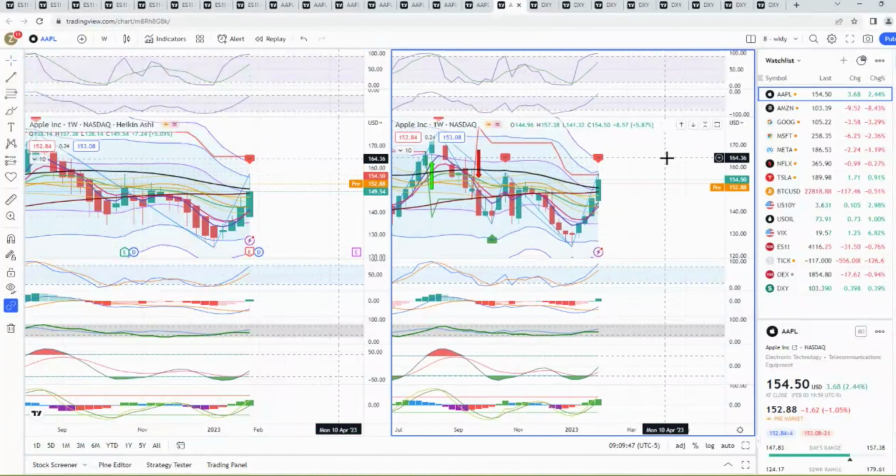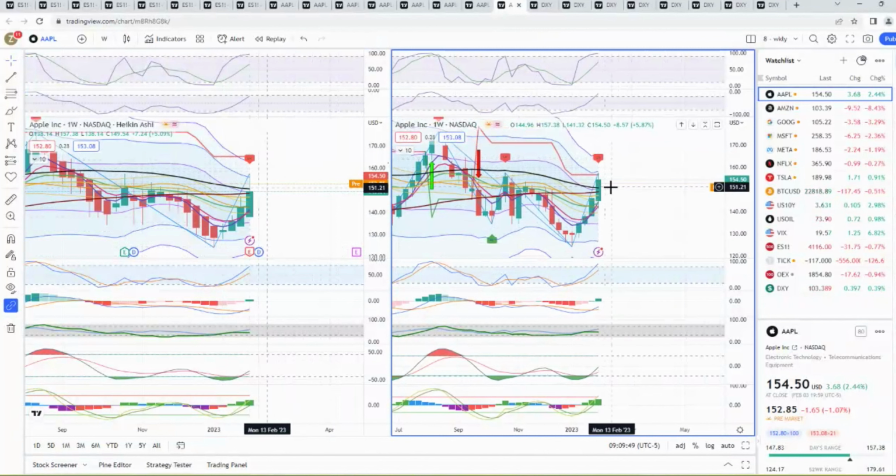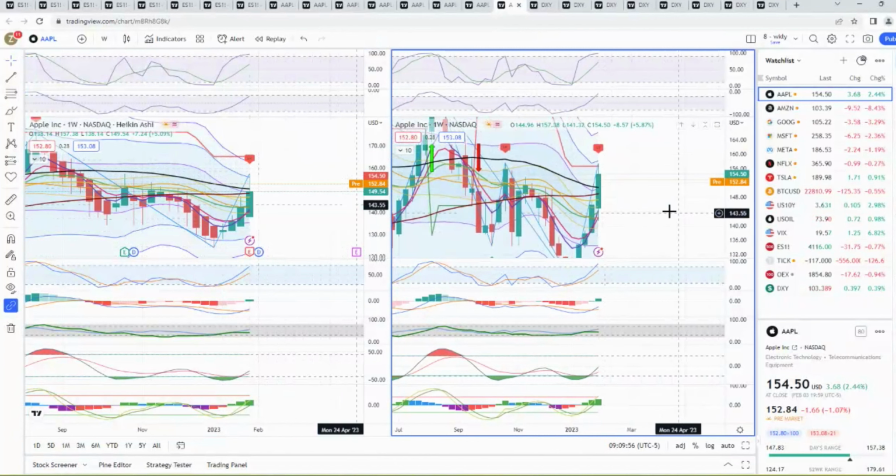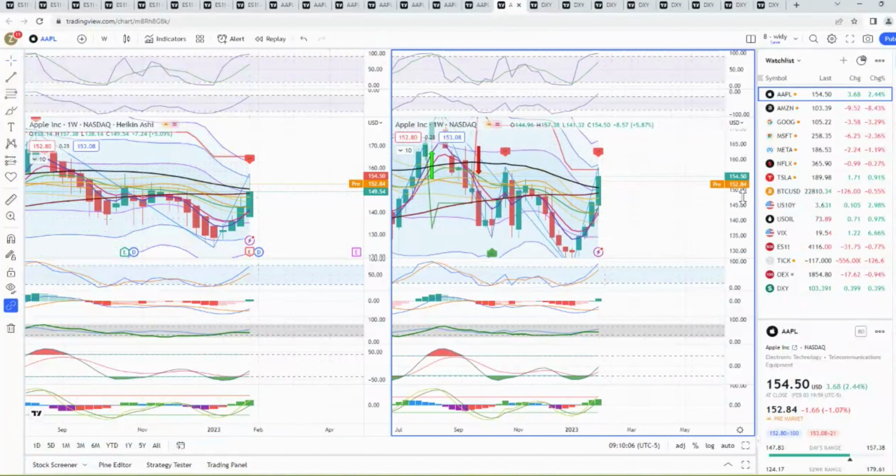However, if it starts to move to the downside and it comes back here, the 50 moving average on the week at 151, and then it starts to bounce right here, then we'll start to make a case for all the way up here into 165 to 166. Why? Because there is a lot of money sitting on the sidelines, and unemployment is at its historical lows.